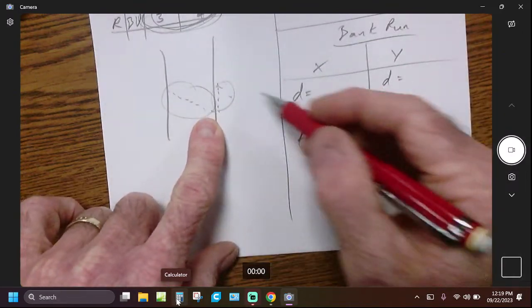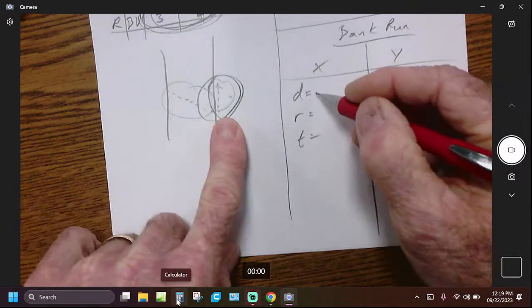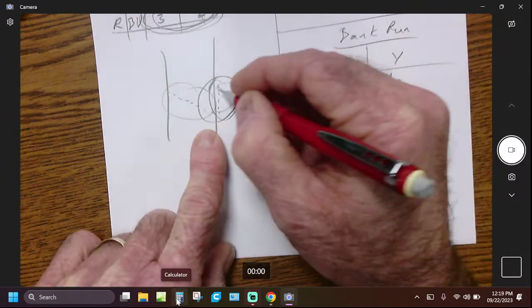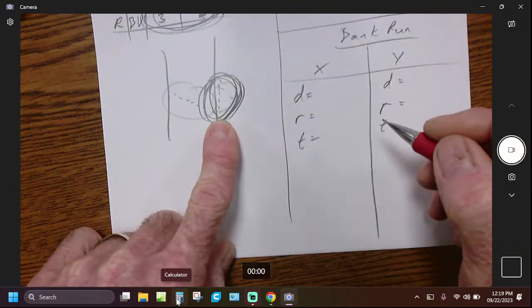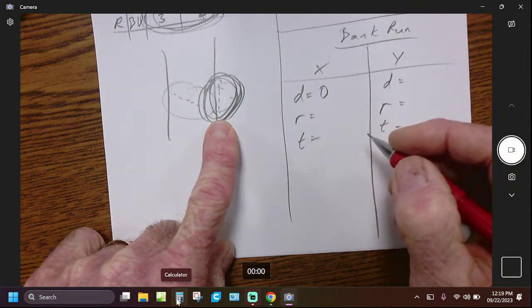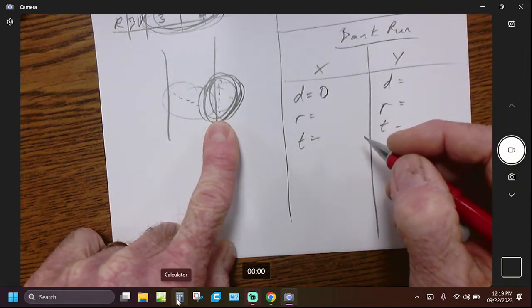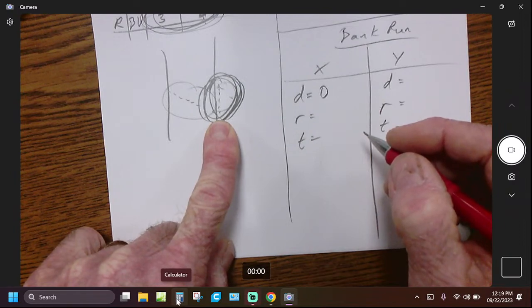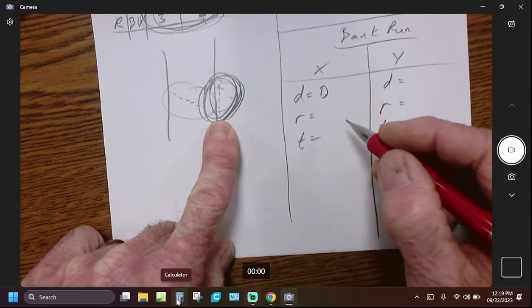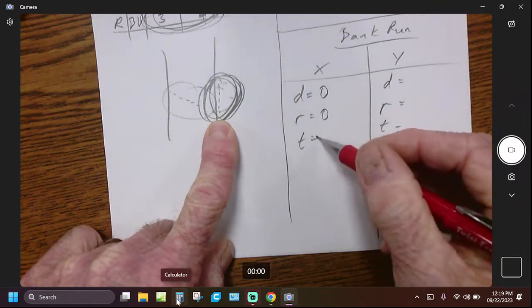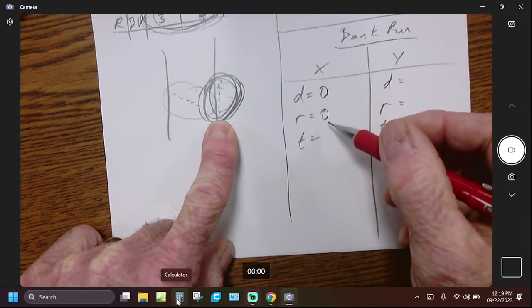So in the X dimension, what's the distance he travels in the X dimension? 0. What's his rate in the X dimension? He's running like 8 meters per second. Which way is he running? What's his rate in the X dimension? 0. Time? We can't really figure it out from this.